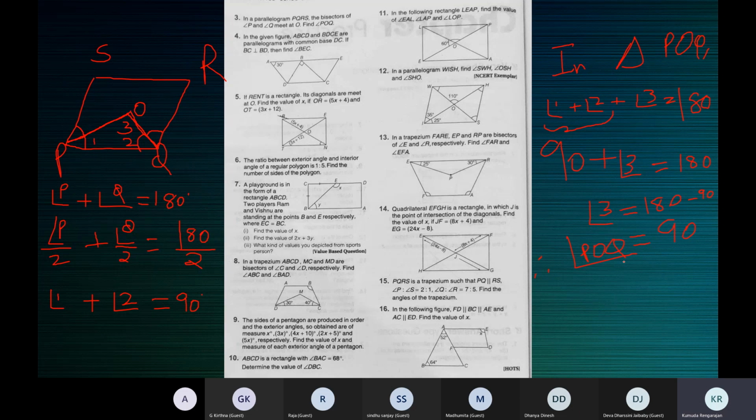The bisectors of a pair of adjacent angles of a parallelogram enclose a right angle.